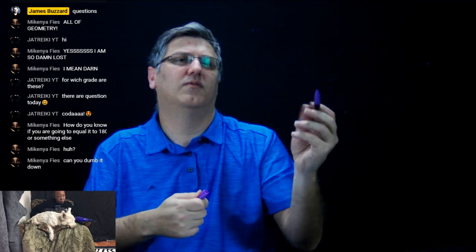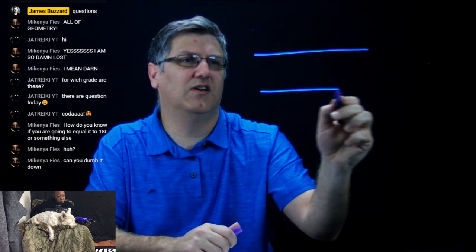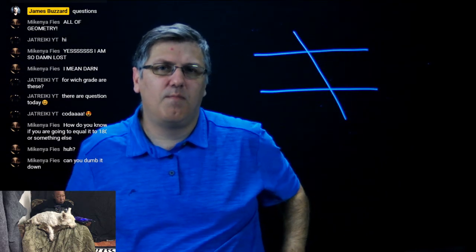Try this. So if we have this, right? Instead of looking to find the things that are equal, find things that equal 180. And then if they don't equal 180, see what it skips.